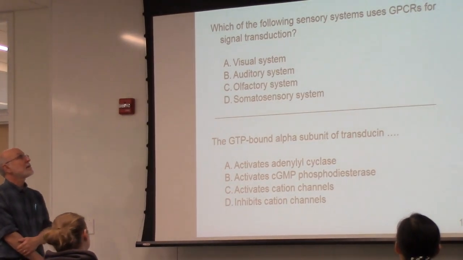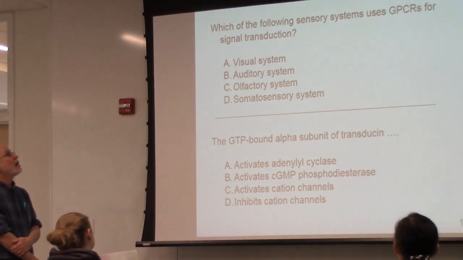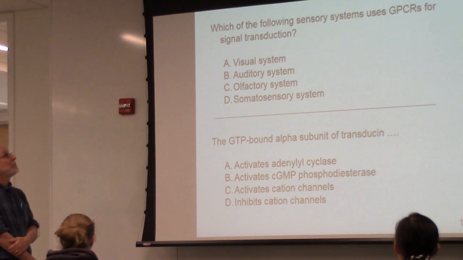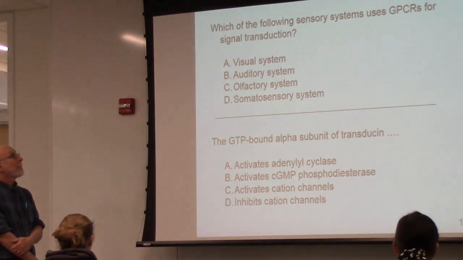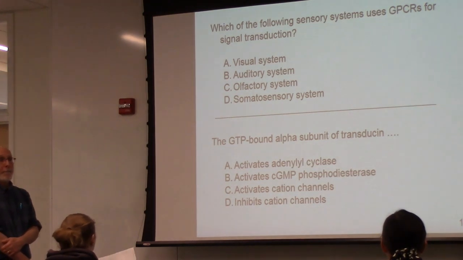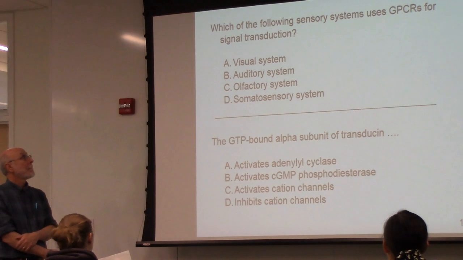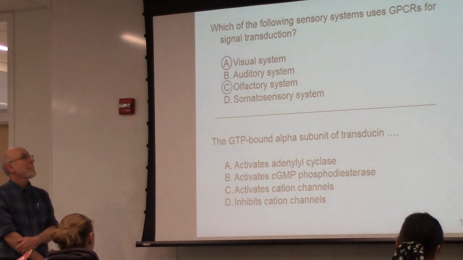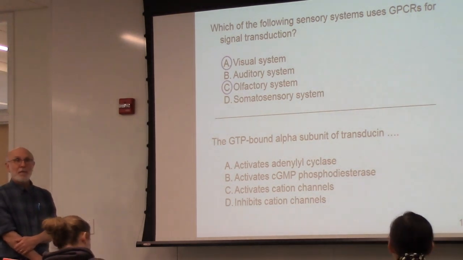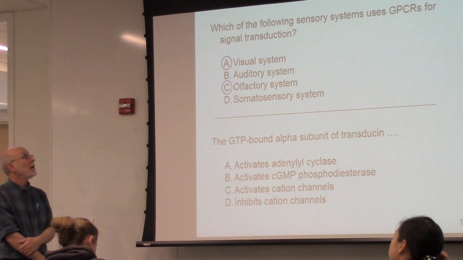Which of the following sensory systems uses GPCRs for signal transduction? Visual system, remember the photoreceptor molecule is a GPCR.